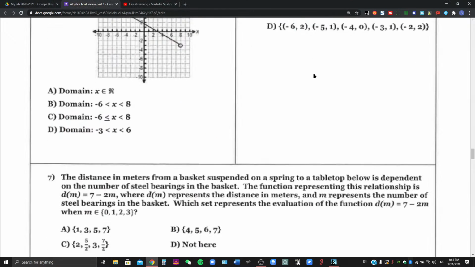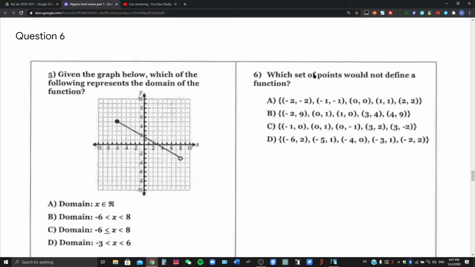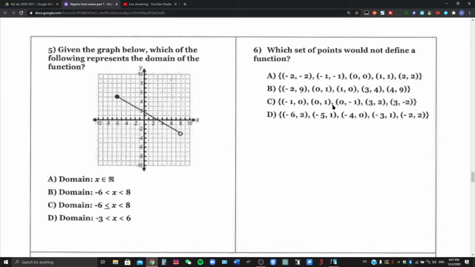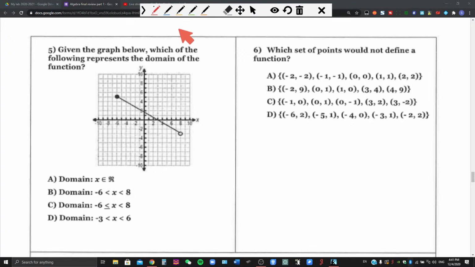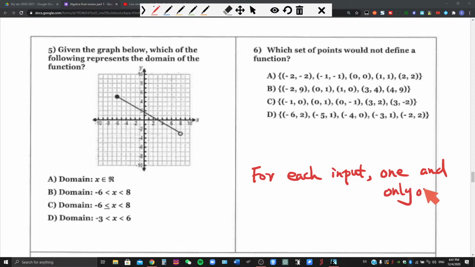Alright, let's go to number 6. Which set of points would not define a function? So we know for a function, the definition is for each input, one and only one output.